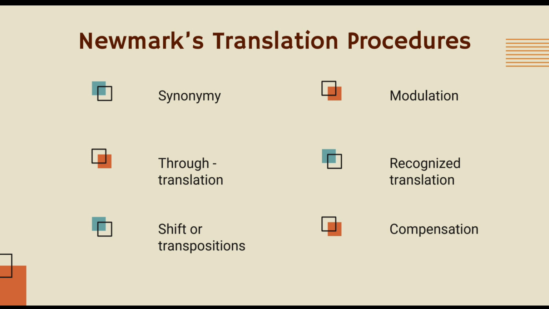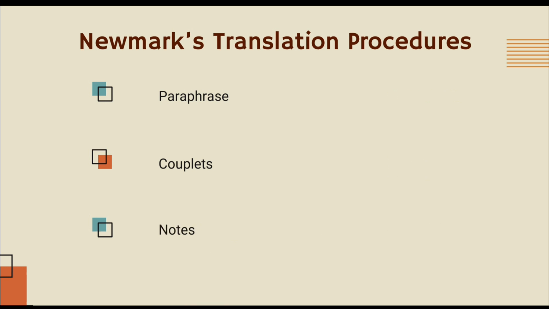Compensation. It occurs when loss of meaning in one part of a sentence is compensated in another part. This is a professional translation, usually of new institutional terms, which should be put in inverted commas, which can later be discreetly withdrawn.